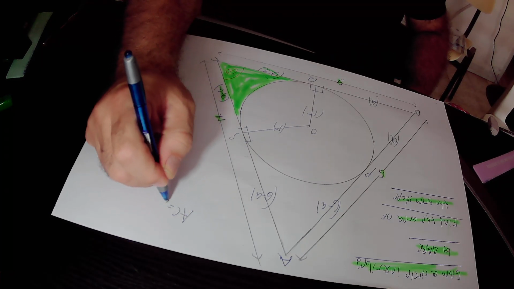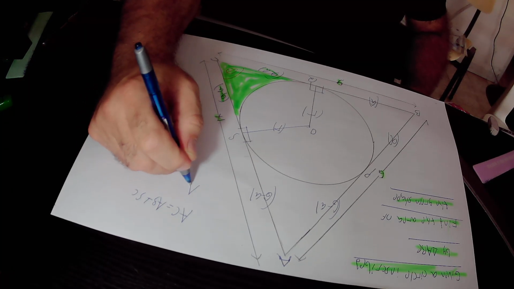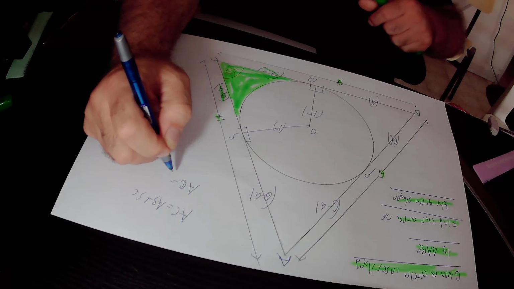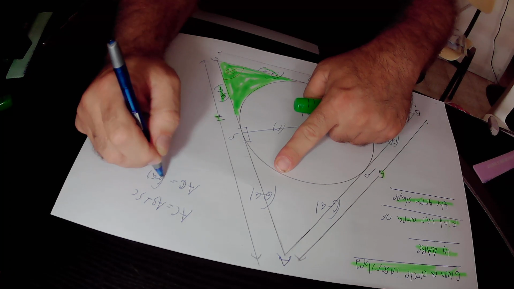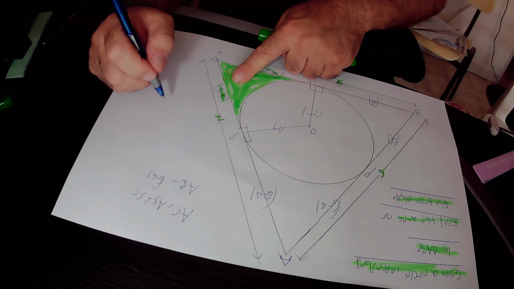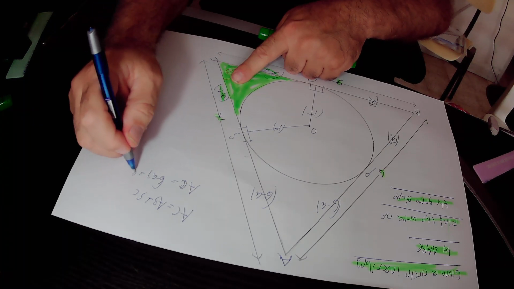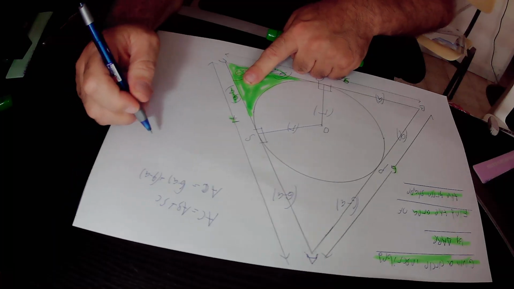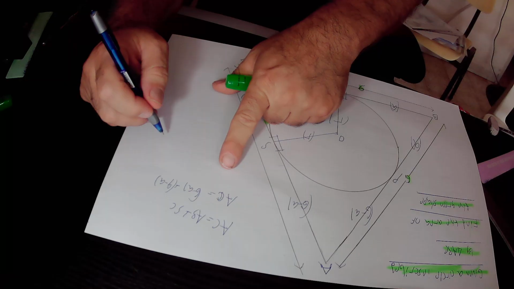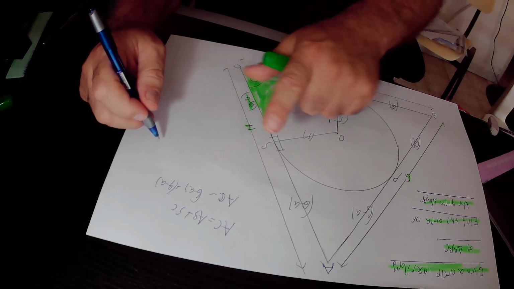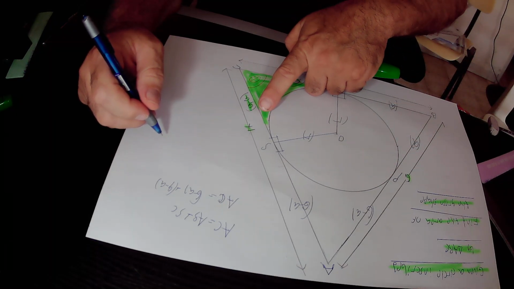AC equals AS, which is 6 minus A, plus SC, which is 9 minus A. So in total we found out that AC equals 6 minus A plus 9 minus A. AC is one side of the big triangle ABC, equal to 7 units in its length.